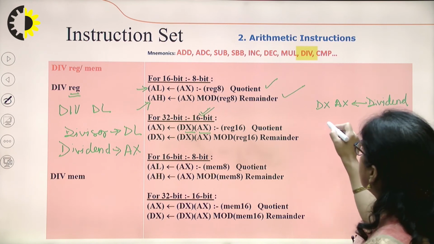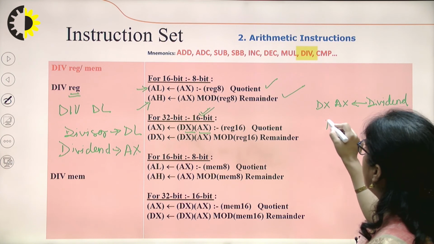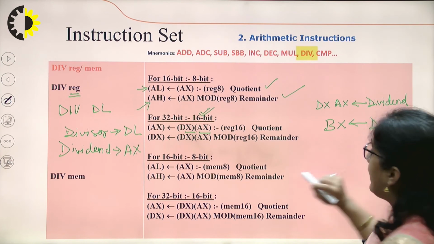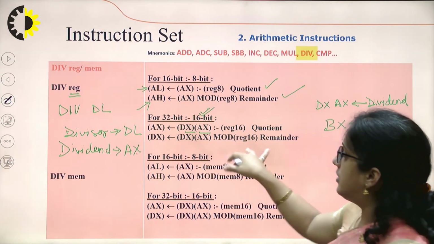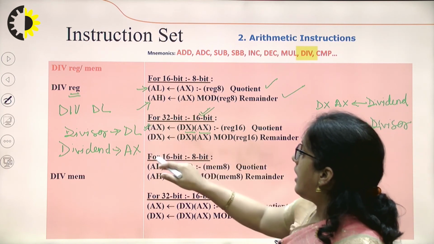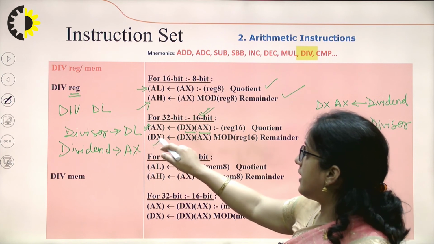And for any register, suppose we have specified BX, then BX is having the divisor, and after division, the quotient will be stored in AX and the remainder will be stored in DX.